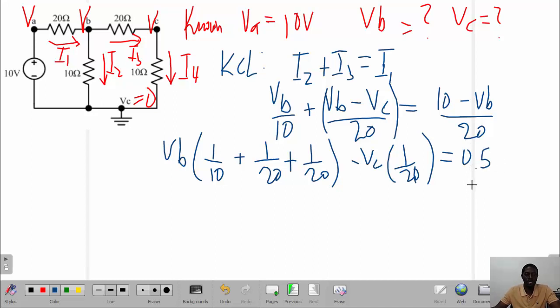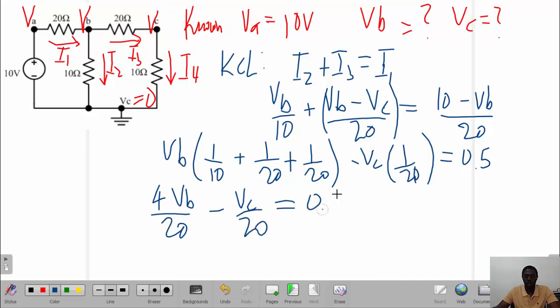So we've got this equation. This portion can be simplified, meaning when you simplify this, you've got VB multiplied by 4 over 20 minus VC over 20 must be equal to 0.5, and that's what we get.